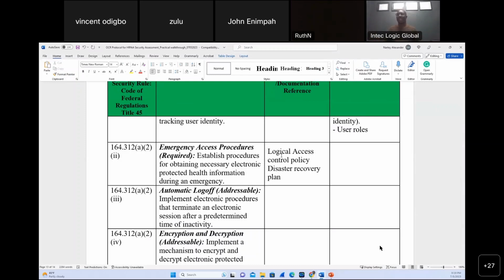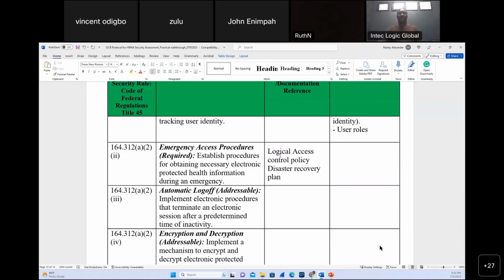During an emergency, you have to follow A, B, C, D to be able to access PHI. Other than that, if you access PHI when it is not an emergency, then you are going against the law, right? So anytime an emergency is activated, you should have a process that people can follow to access PHI to save life, right?